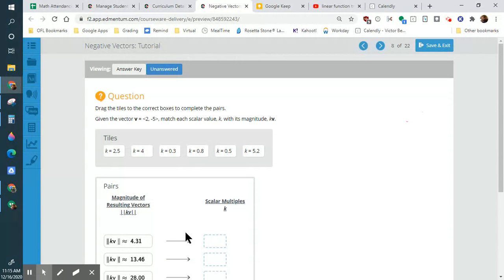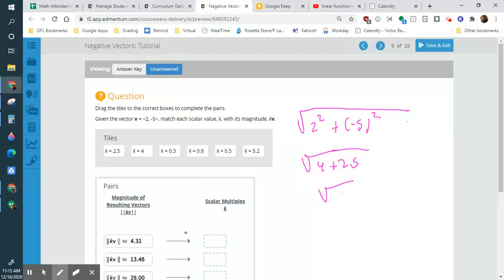So by finding the magnitude, I'm going to do 2 squared plus 5 squared in the square root, 4 plus 25, and I'm going to get the square root of 29.